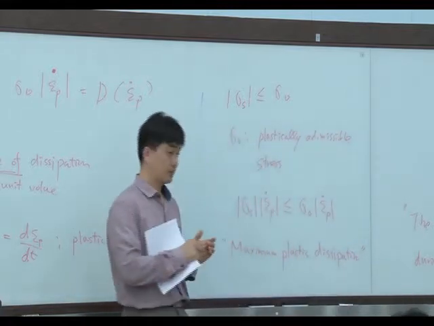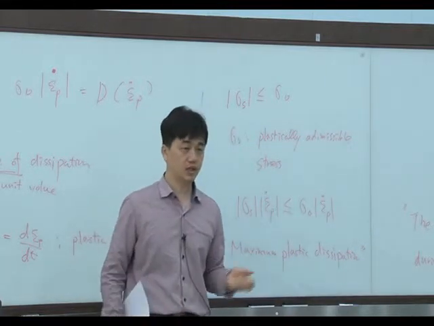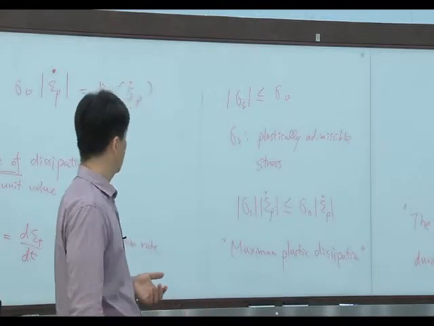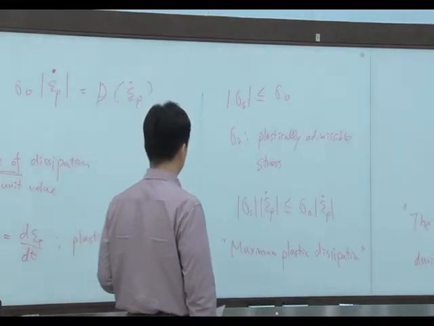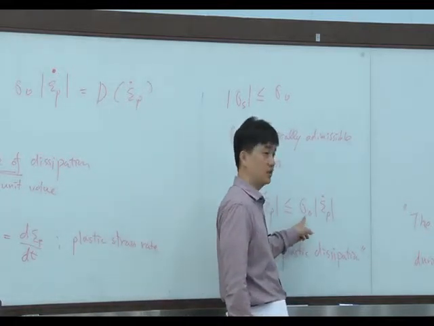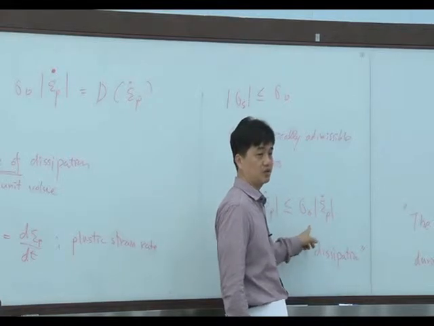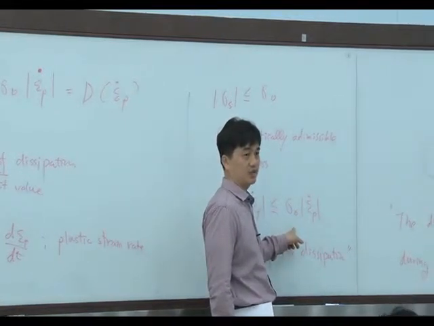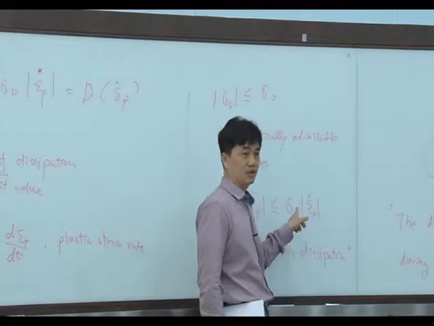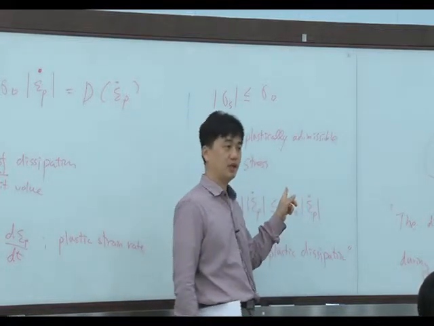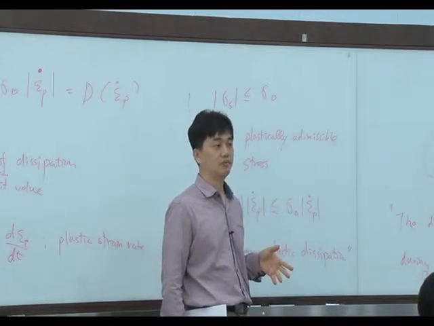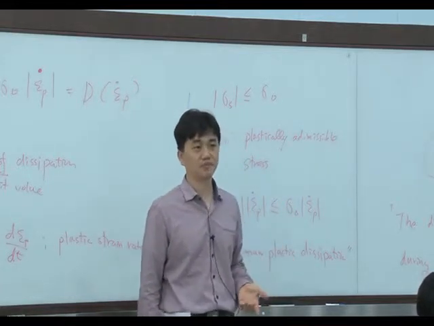In other words, we can think during the plastic deformation, the driving force for that dissipated energy is the yield stress, the maximum stress, right? When the stress is maximum, plastic deformation happens and plastic dissipation becomes maximum.